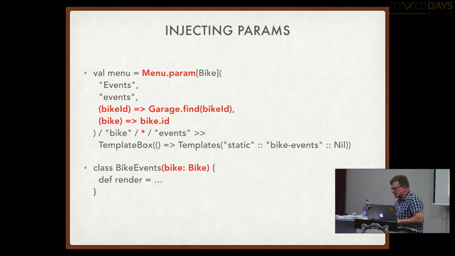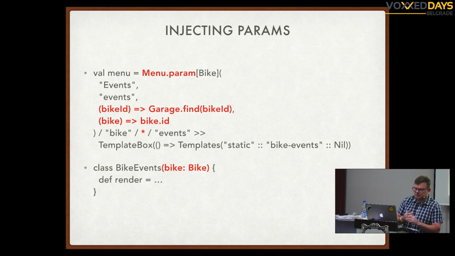Okay. So to summarize this last demo, this special kind of menu, this menu param, allows you to tell Lift how to transform a parameter into an instance and an instance into a string, into a parameter. I'm using just one simple parameter, like bike ID, but you can put many parameters.